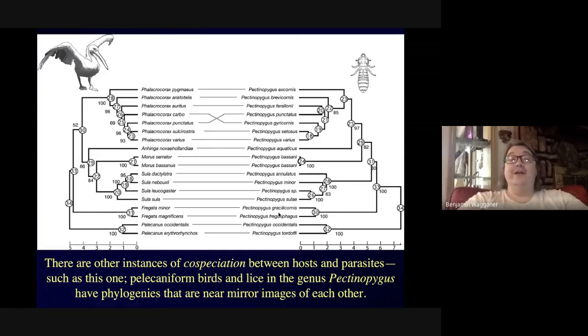Everywhere else, every time a common ancestor gave rise to two descendant species of bird, the common ancestor's lice gave rise to two descendant species of lice. The phylogenies map onto each other nearly perfectly. So that's something I've always appreciated about chewing lice. That's not a sentence I ever thought I would say.